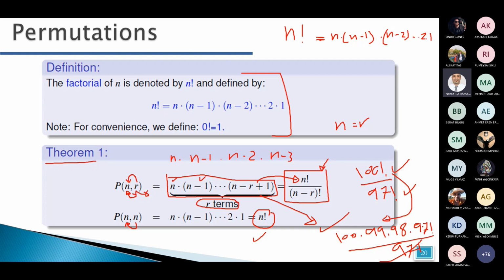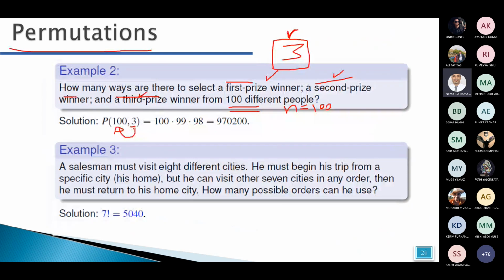So 97 factorial cancels with 97 factorial, and it's 100 multiplied by 99 multiplied by 98. How many terms? 3. Start from n, multiply by n minus 1, multiply by n minus 2. When you calculate the multiplications, this is the result.